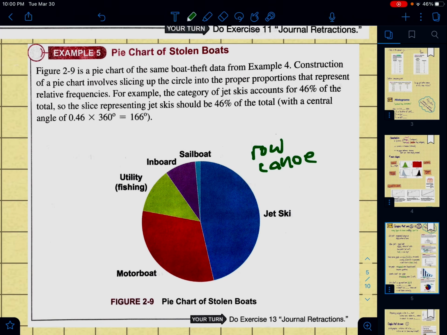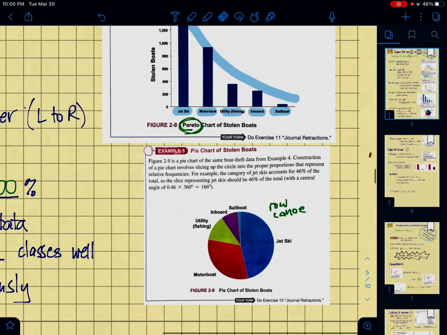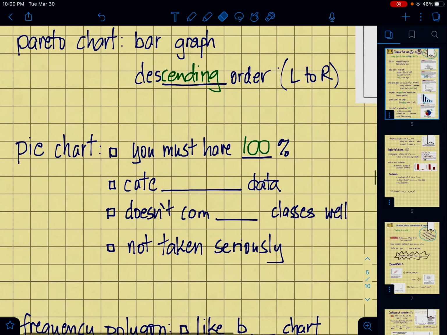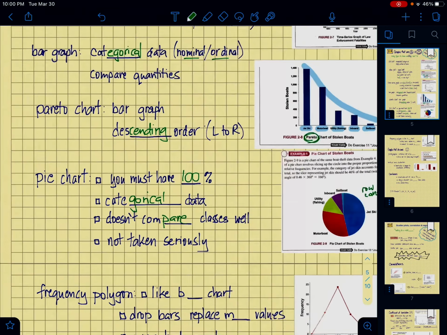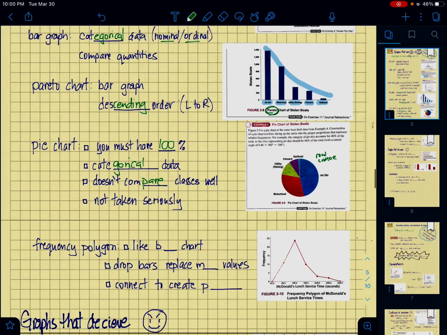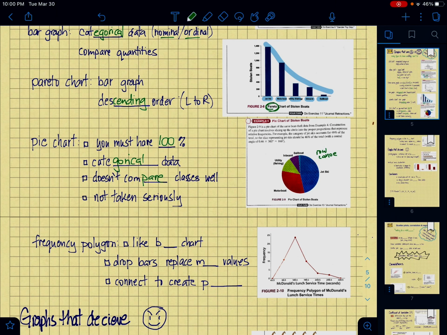Secondly, you've got to be able to compare, and it's hard to visually see some of these comparative values when we see them as pie charts, wedges. Again, it's categorical data, but the fault is comparisons. So they're not taken very seriously in the world of statistics.